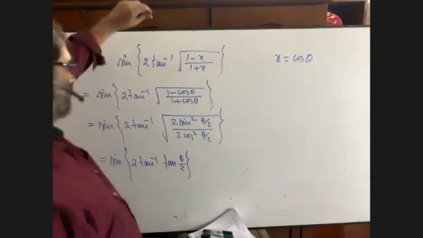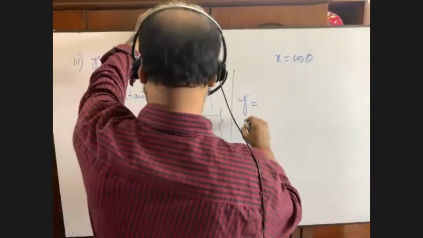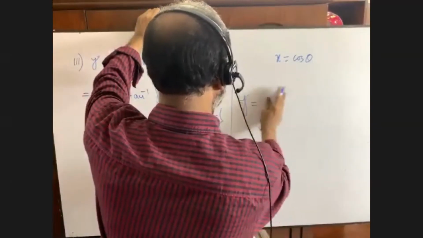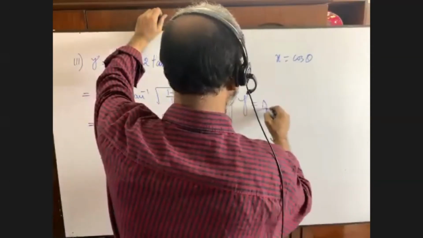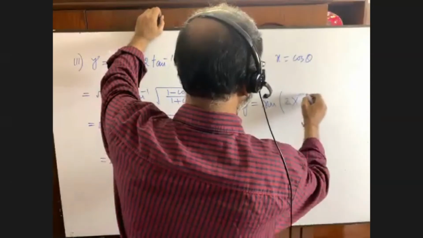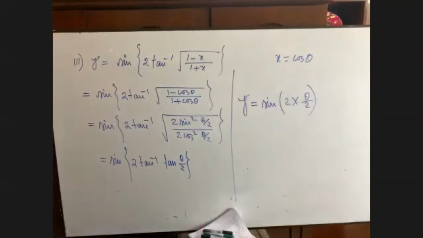That is, we are getting here y equals to sine 2 into theta by 2. So 2 will be omitted.